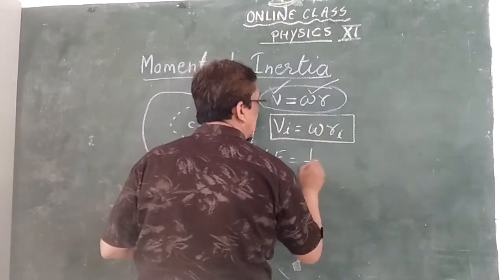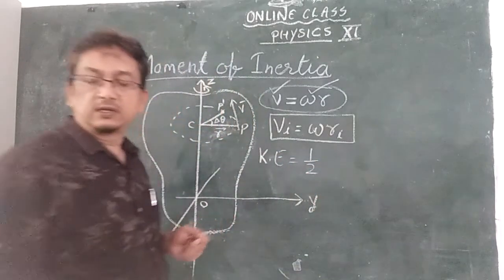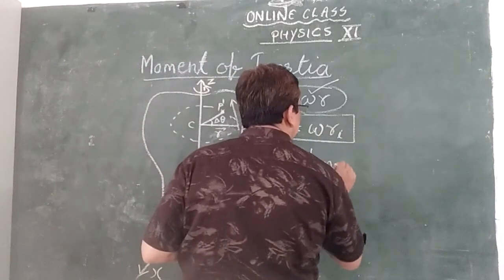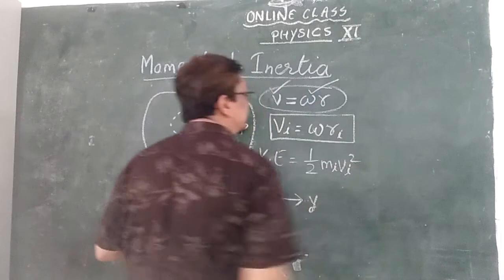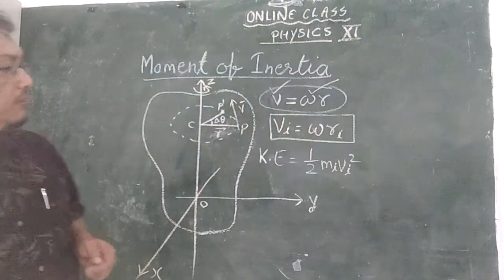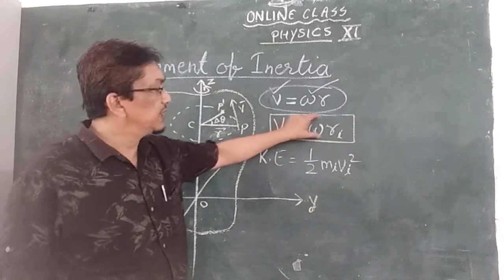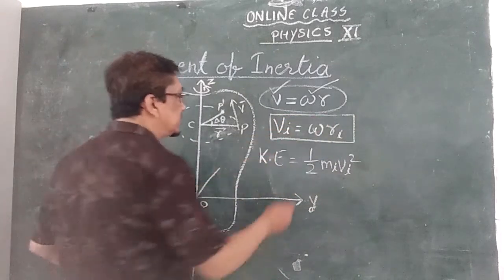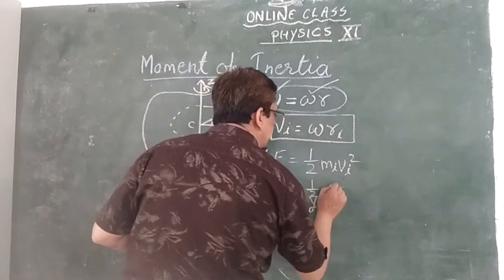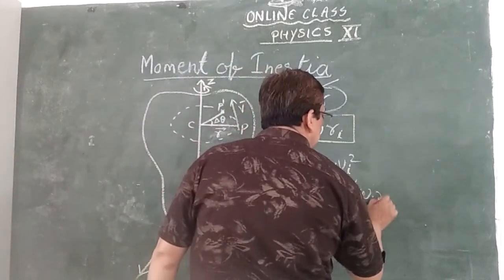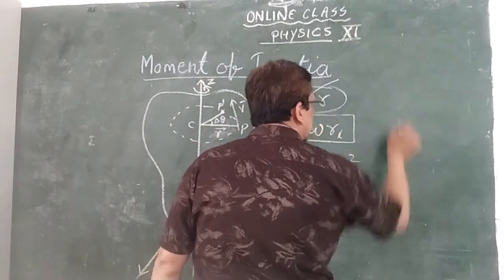This is equal to half mv square. So for that particle we can write here half mi vi square, and you know about this vi, it is omega into ri, so you can put here. So this will become half mi, in bracket you can write omega into ri whole square.